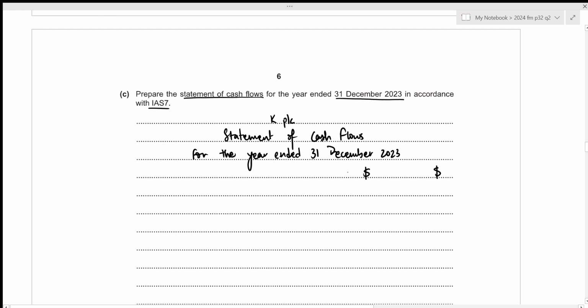Alright, we can first start with our cash flows from operating activities section. And the first item to be included here is profit from operations.